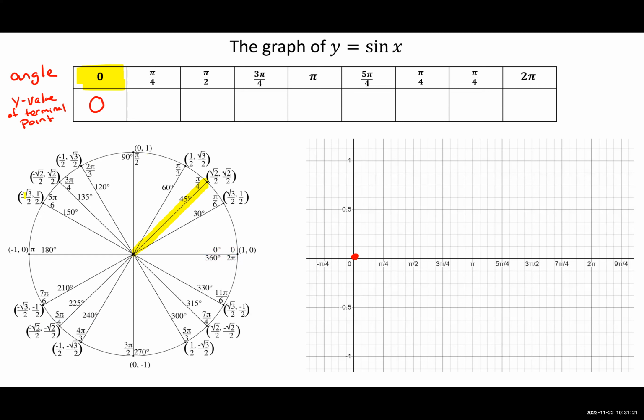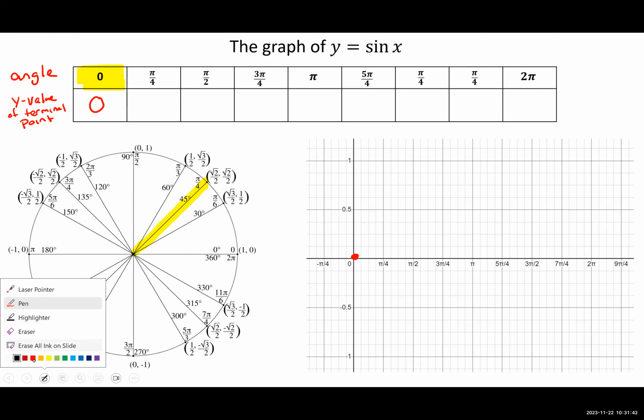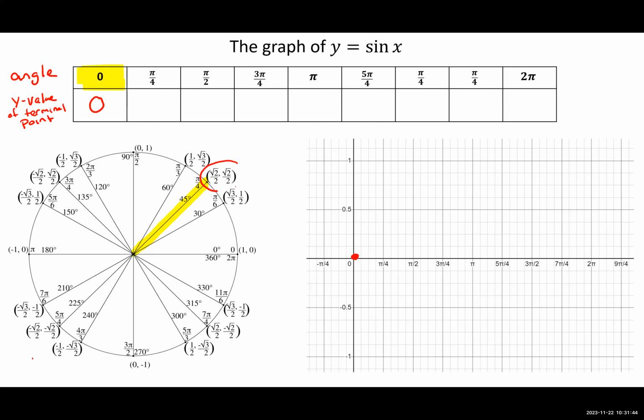But we could use all of them. It's a little bit more work. We could plot 16 points, but I'm only going to plot 9 points. When our angle is pi over 4, that puts us at this terminal point. The sine of pi over 4 is the y value. So that's root 2 over 2.